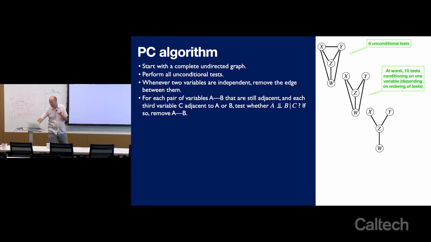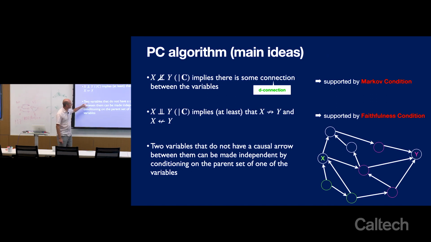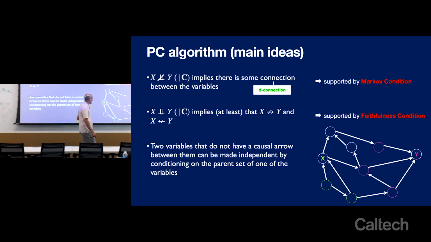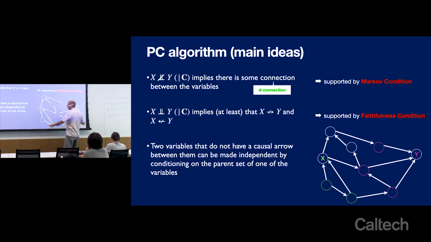Two variables that do not have a causal arrow between them can be made independent by conditioning on the parent set of one of the variables. So the two variables were still dependent unconditionally, but I'm now going to see whether I can make them independent by conditioning on one of the parents, one of the things adjacent to the variables.